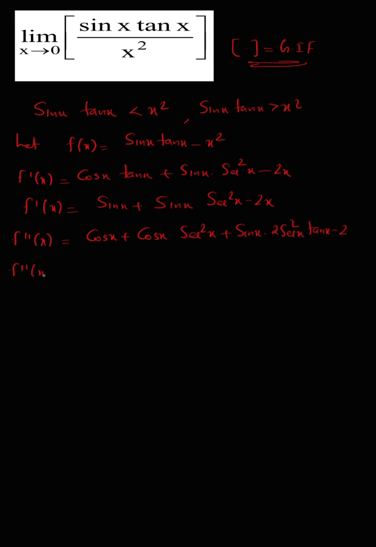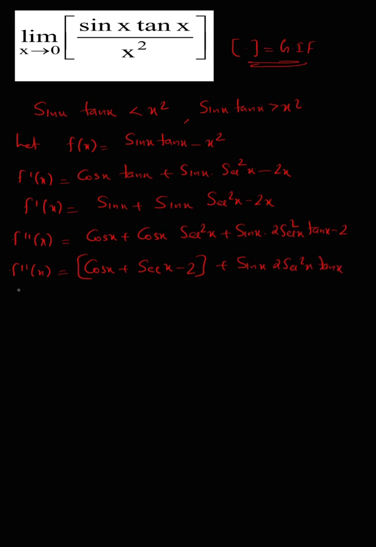Now I have f double dash x. Let me take this as cos x, and this one as sec x, because one cos and sec will cancel. So I got sec x. Now if this is a, this is 1 by a. I am taking this minus 2 here, so I can use completing the square. And plus I have sin x into 2 sec square x tan x.